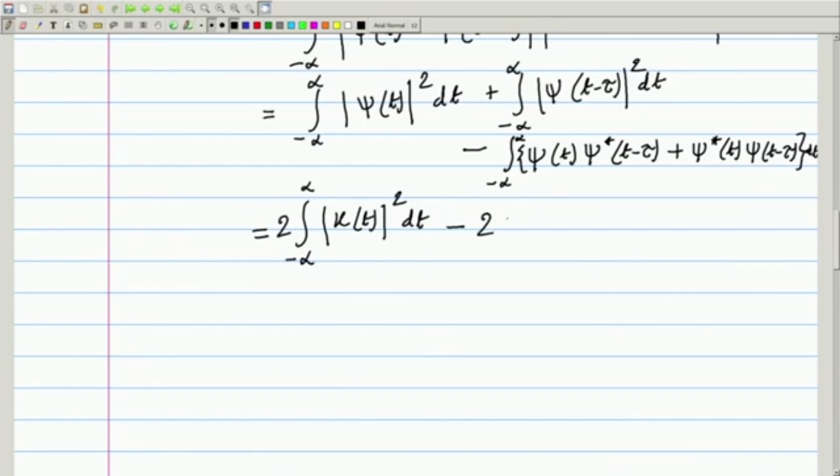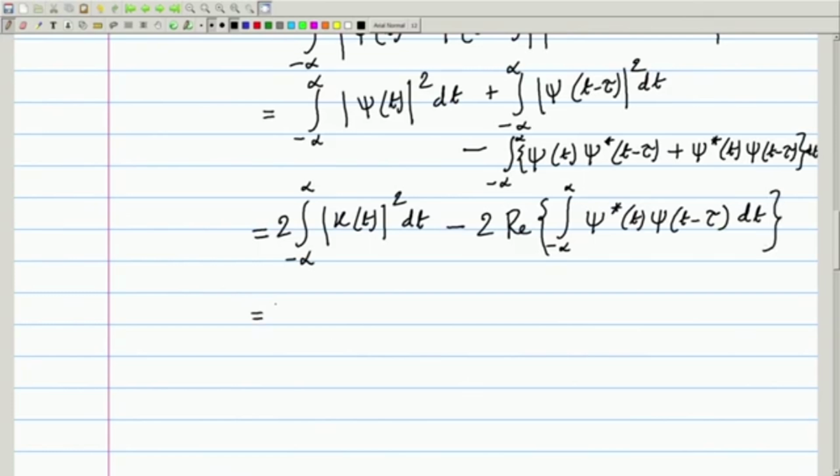So, I can write minus 2 real, then x star t, x t minus tau dt. Okay, this bracket should be closed.